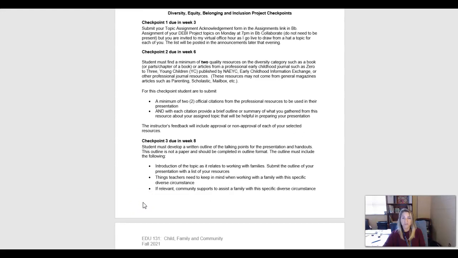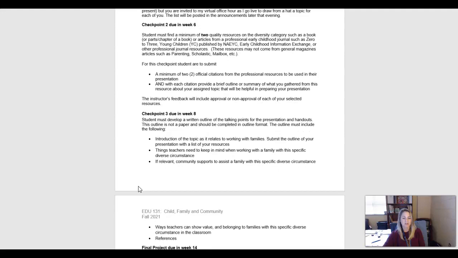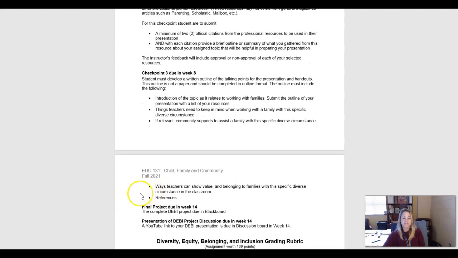Another point that you need to make and cover in your topic is community supports to assist this family with a specific diverse circumstance. And you notice it says if relevant. So if there is a specific area of diversity that you were assigned that they would not need different community supports, that's okay. But I would think most of the projects you can think of community supports that would be relevant. Ways teachers can show value and belonging to families with specific diverse circumstances.